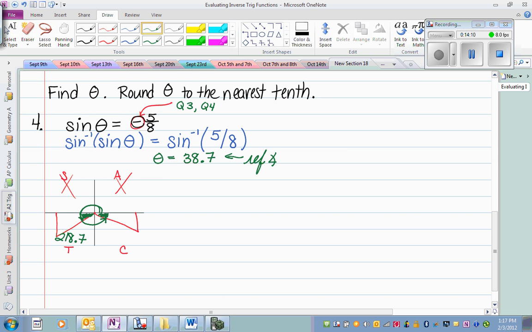What is that? 321.3. Is 38.7 part of our answer? No. We crossed that quadrant out. So 218.7 and 321.3.